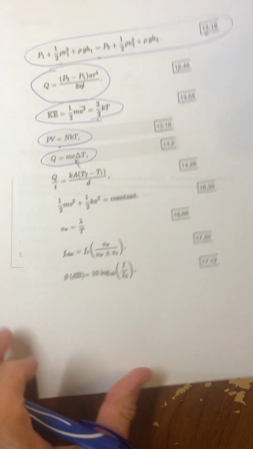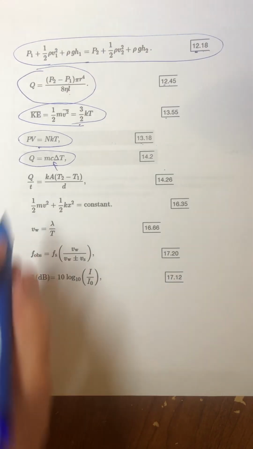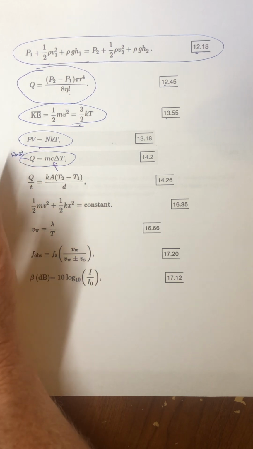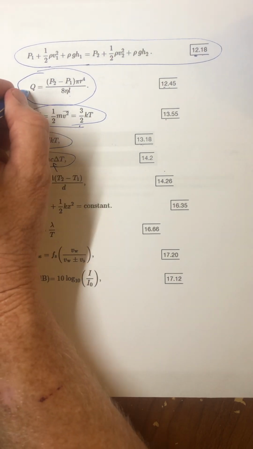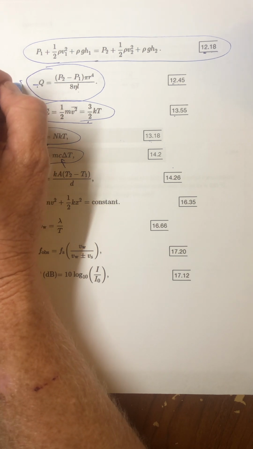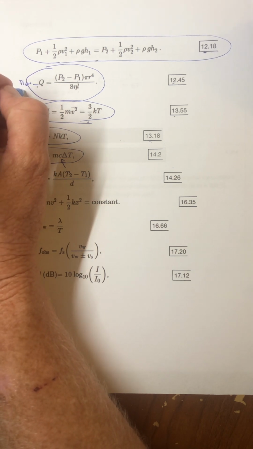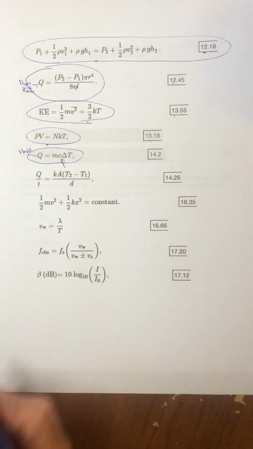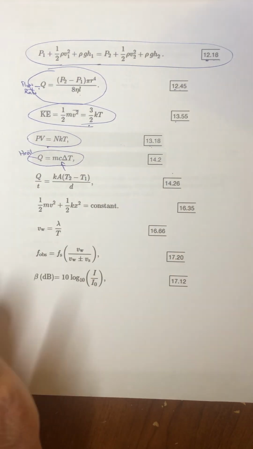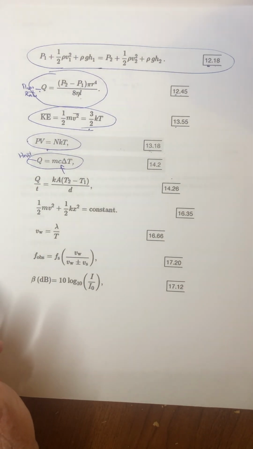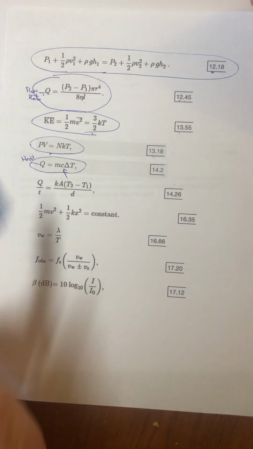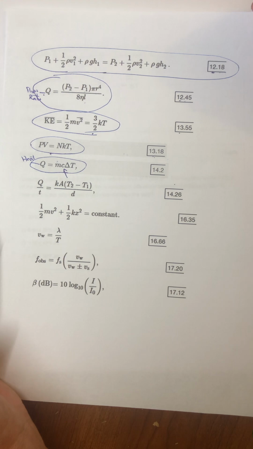Now, one thing I'm not real crazy about in your author's book is here he uses the Q for heat, and back in chapter 5, he used the Q for the flow rate. And I guess there's just only so many letters you can use, and that is the common symbols, so I don't fault him on that, but when you list them like this on a formula sheet, it can look a little funny here.